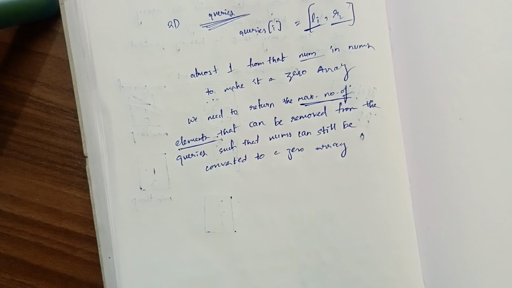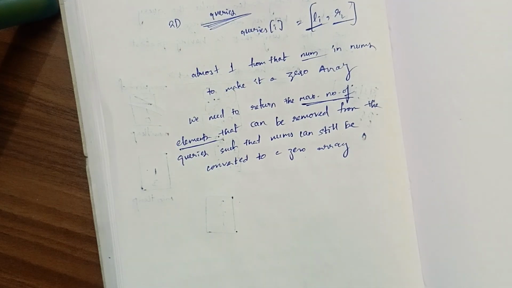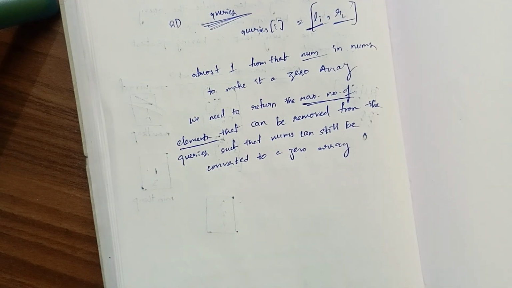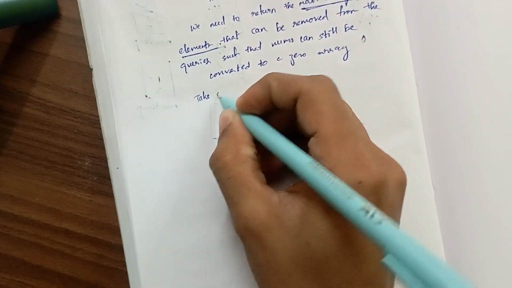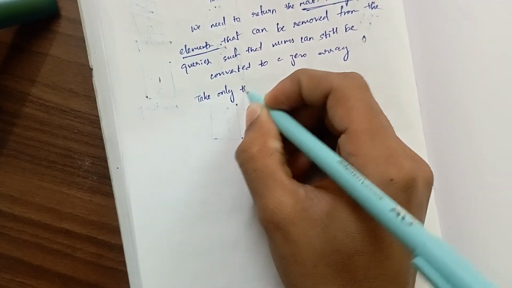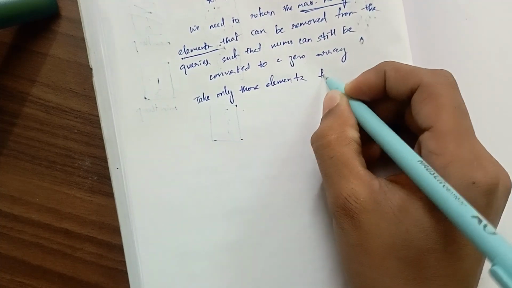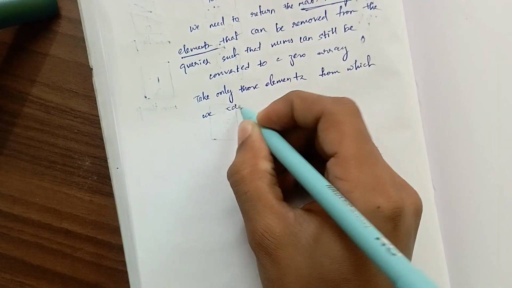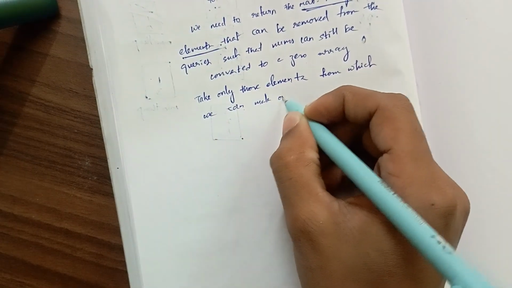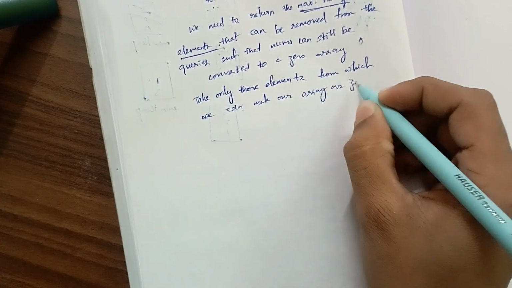So we need to take only those elements from which we can make our array a zero array.